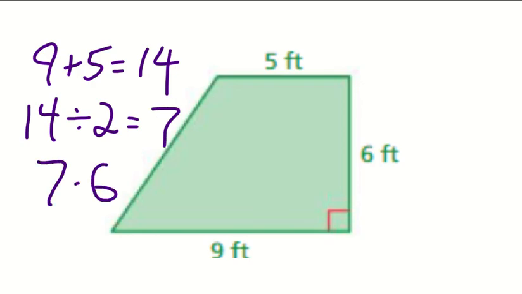Multiply by the height. 7 times 6 is? 42. Okay? That's it. It's just going through the steps each time. It's not supposed to be anything difficult to do each step. It's just we got to go in the right order, and that means making sure we do that addition first. Any questions on that one?